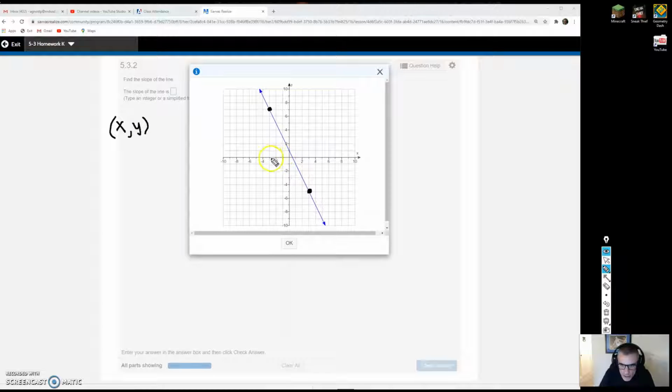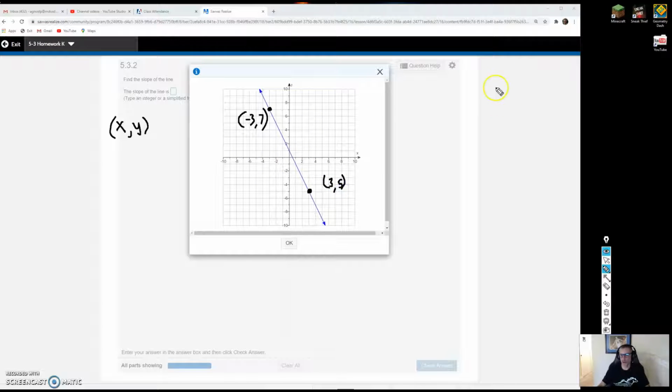Since I'm going to the left 1, 2, 3, this would be the point -3 for the x value and +7 for the y value. So this is the point -3, 7. And then this is the point, if I start at the origin, I go 1, 2, 3 to the right and 1, 2, 3, 4, 5 down.